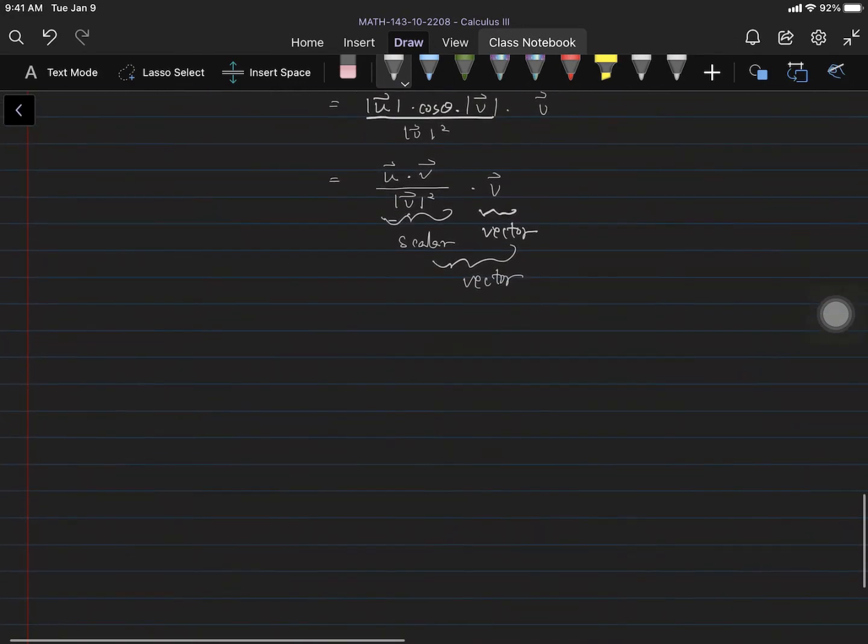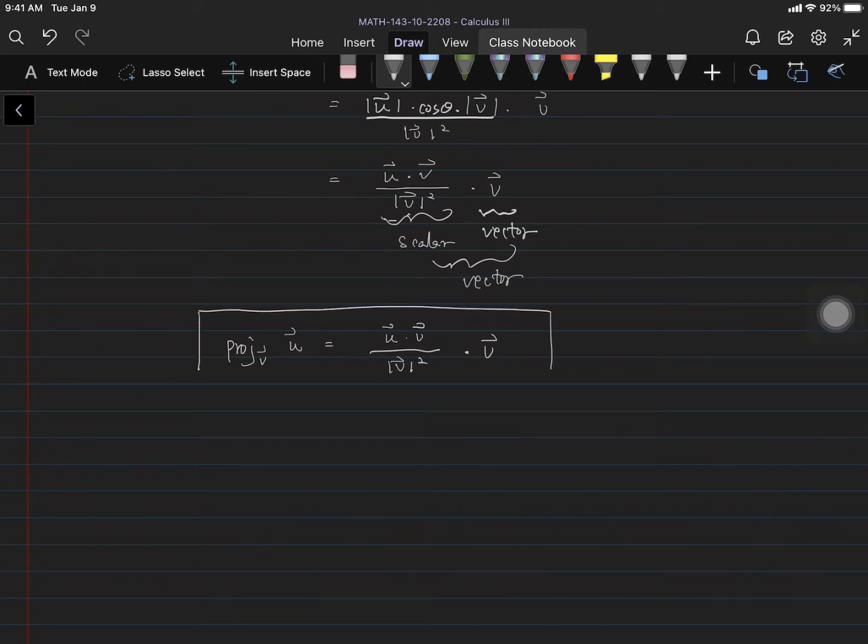Now I'm going to write down the formula again in better form. The projection of u onto v is u dot v over v length squared, times the v vector. This is how we calculate the projection vector.